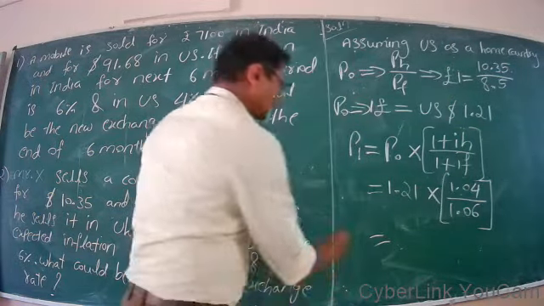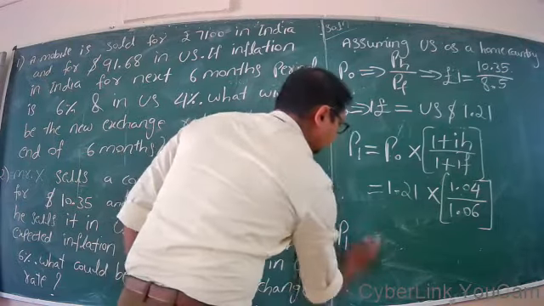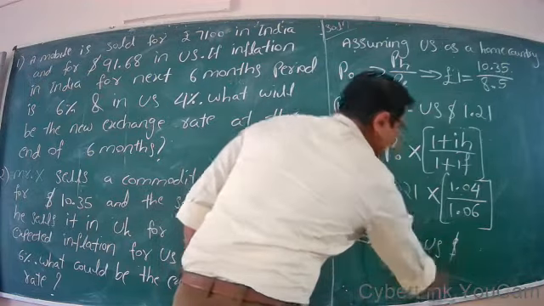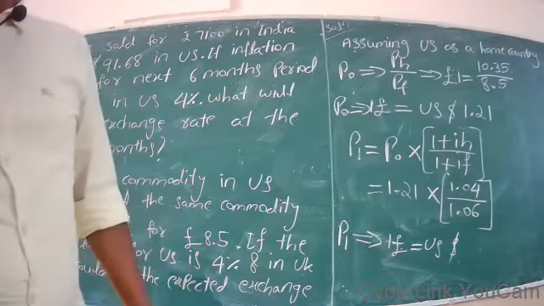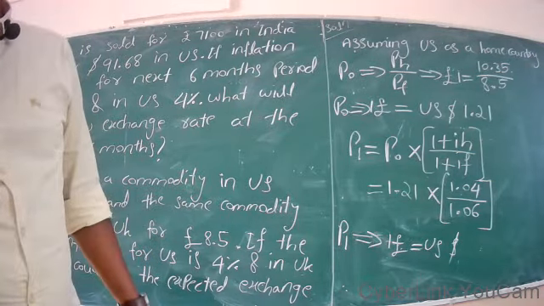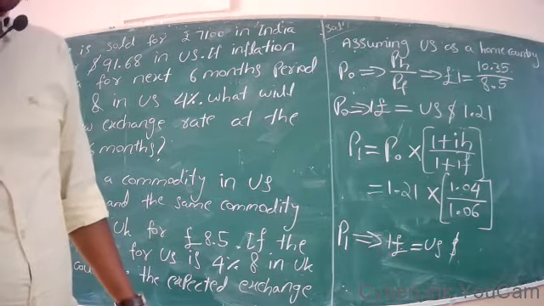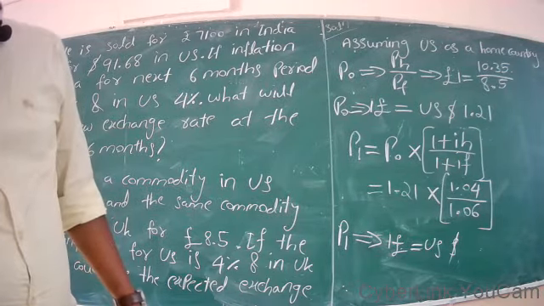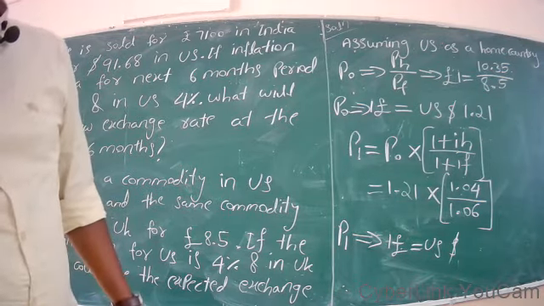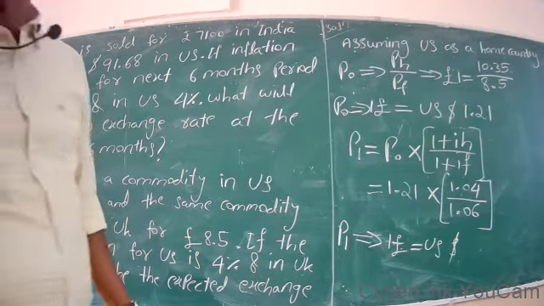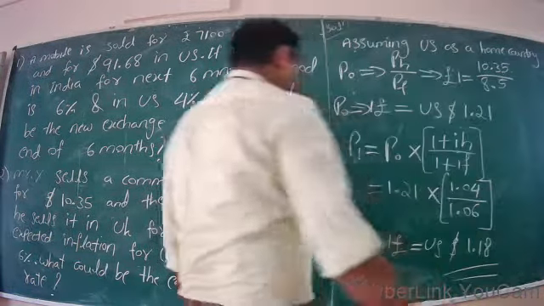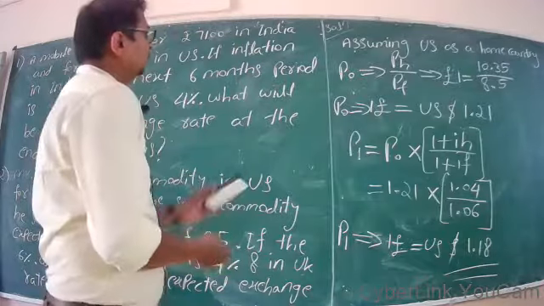So that is P1: 1 sterling pound is equal to US dollars. The currency symbol is mandatory while calculating this type of question. So it is 1.18 US dollars, the new exchange rate after a certain period of time.